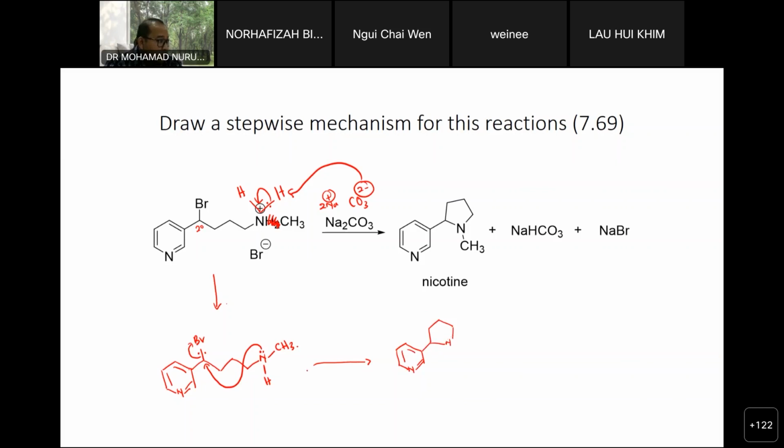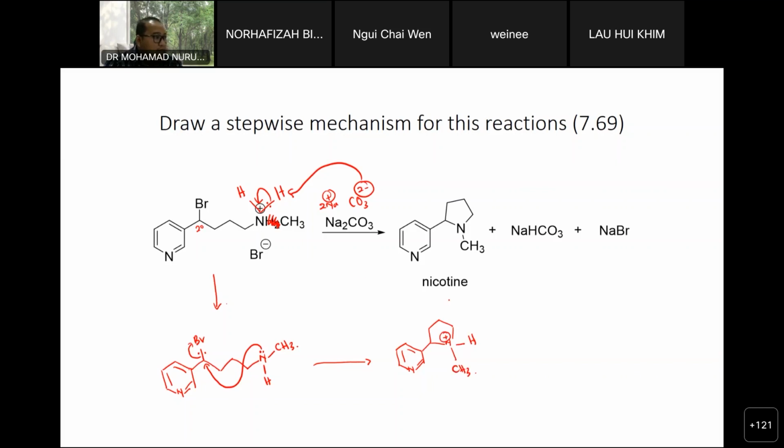In this case, because nitrogen can make only 3 bonds, if it has 4 bonds, you have to put a plus, or you have to calculate the charge again. This one is positive, this one is the proton, and this one is CH3.